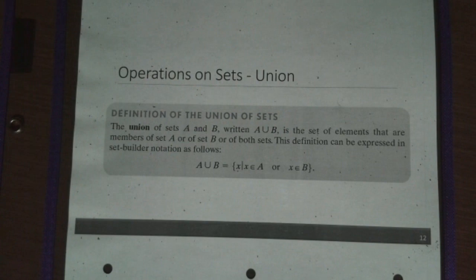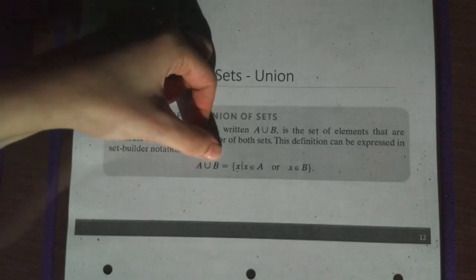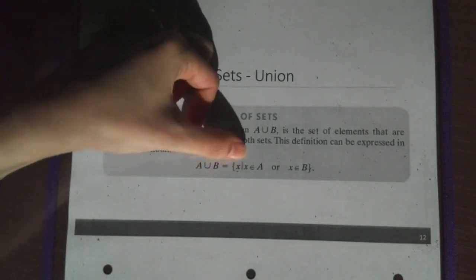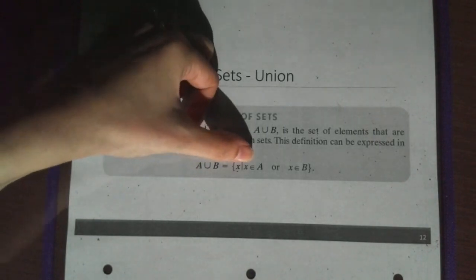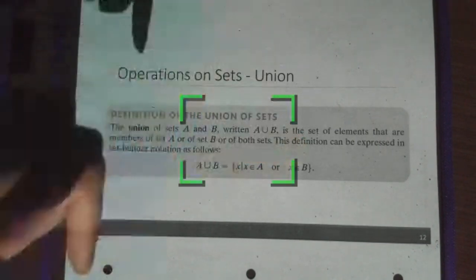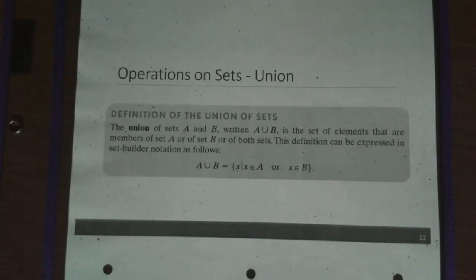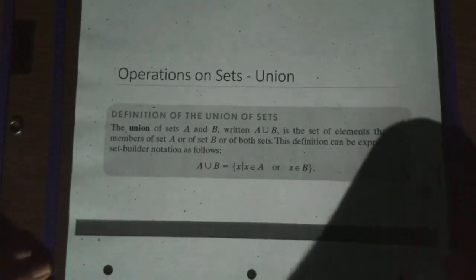This definition can be expressed in set builder notation as A union B is equal to the set of X such that X is an element of A or X is an element of B. So what you need to take from this is that union means or. So we're taking the two sets and putting them together to create one larger set.